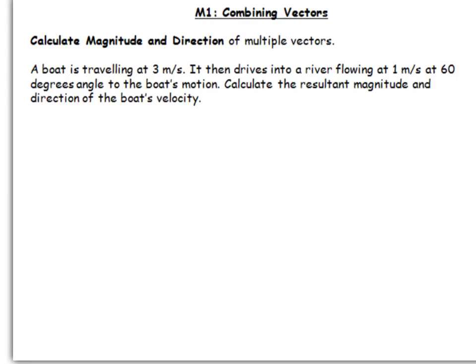Our boat's travelling at 3 meters per second, so let's draw that in. So we've got 3, and it's acted on by a river flowing at 1 meter per second at 60 degrees. So we want to arrange these tip to tail. And we know there is 60 degrees, so it's at an angle of 60 degrees.